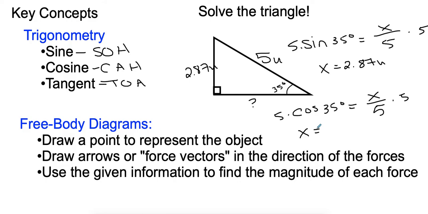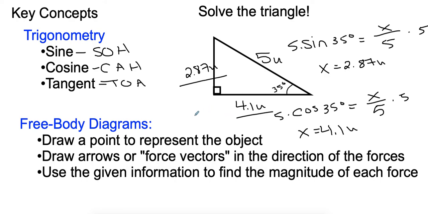And you get 4.095, so 4.1 units. You have to be pretty good at right triangle trig if we're doing our inclined plane problem. If you need a little bit of review on that, check it out. Okay, but now we're moving on.